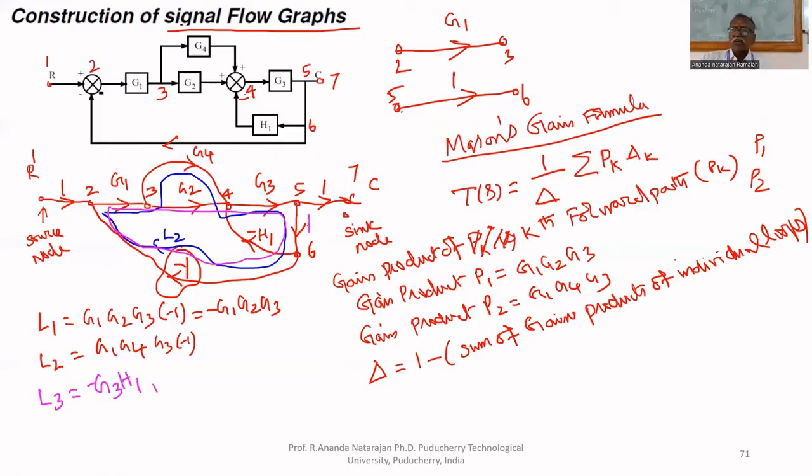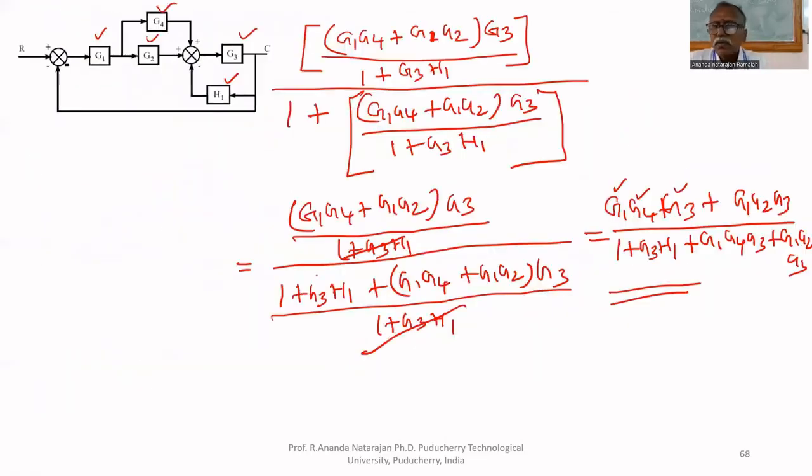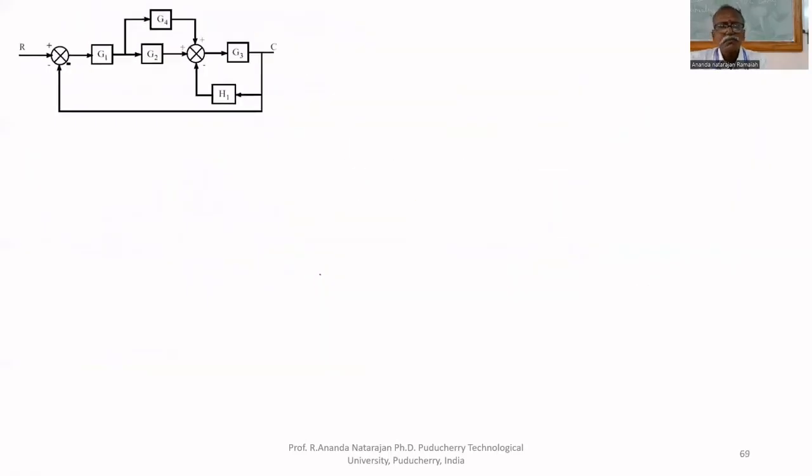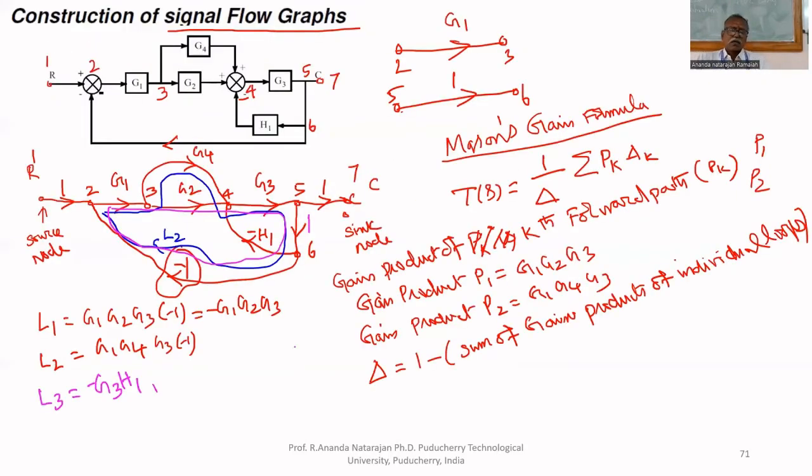The gain of 5 to 6 is 1. So we have L1, L2, L3. Delta equals what? 1 minus the sum of gain products of individual loops, that is nothing but L1 plus L2 plus L3.